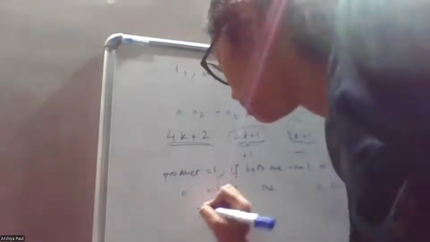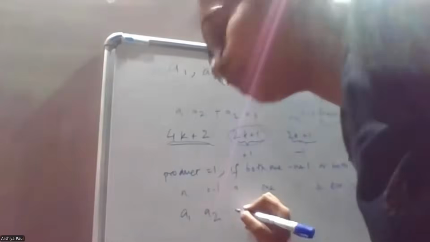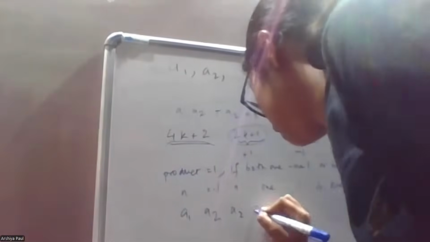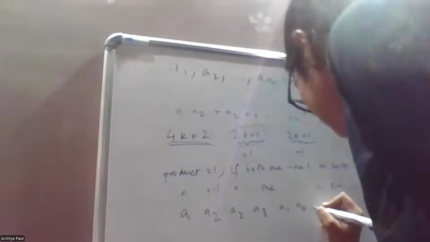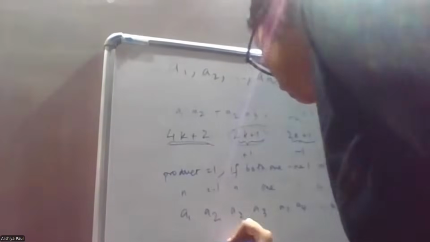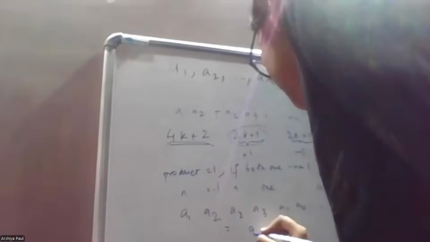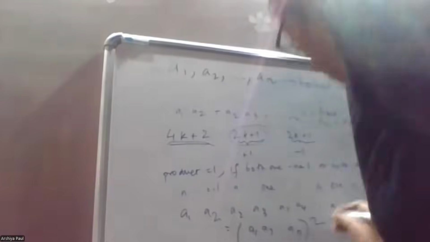Product of a1 a2 into a2 a3, and in this way. So this is always 1.